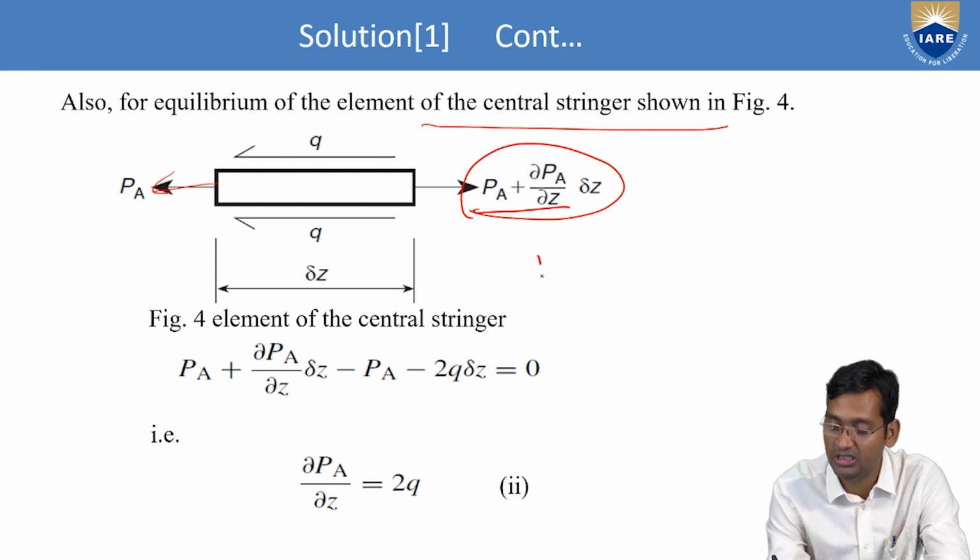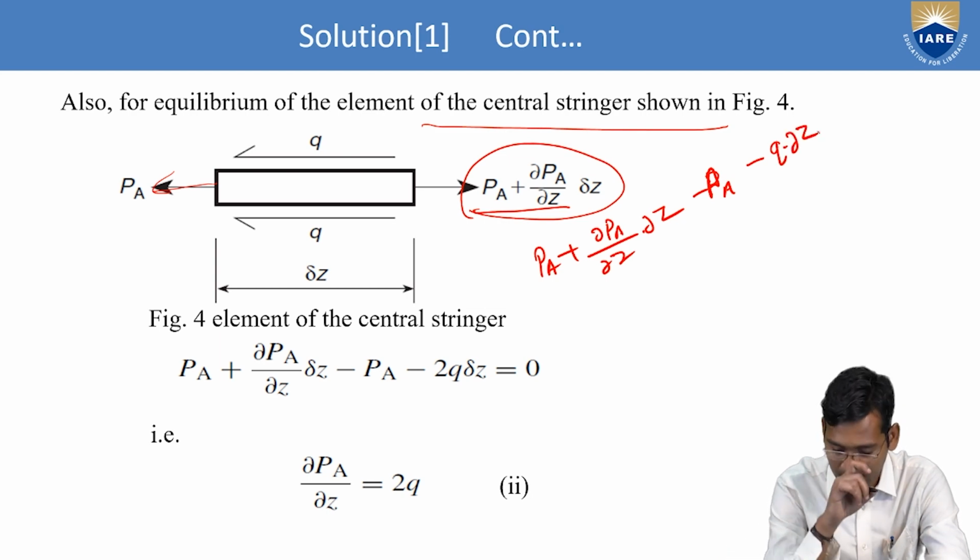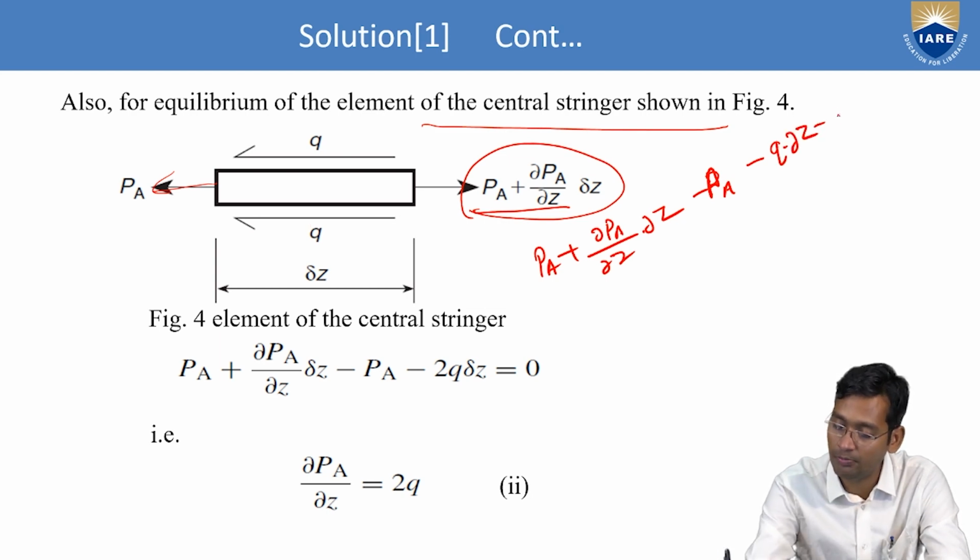So in this direction, PA plus del PA by del Z into del Z. Right. Then minus PA. This direction is negative. So minus Q is acting, so minus Q into del Z for the first one. Then for this also minus Q into del Z, that equals 0.